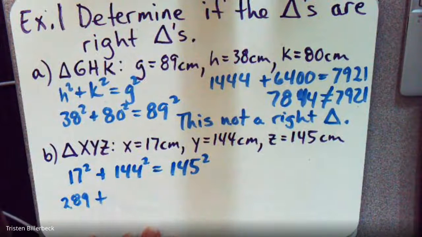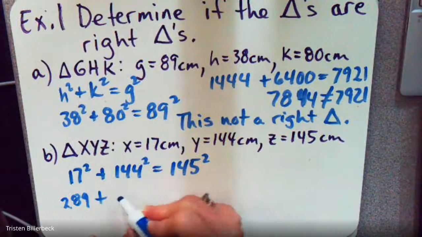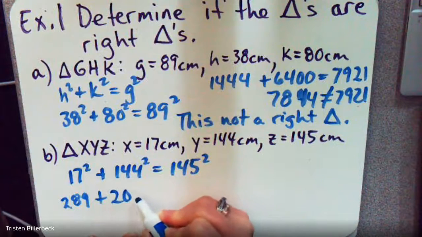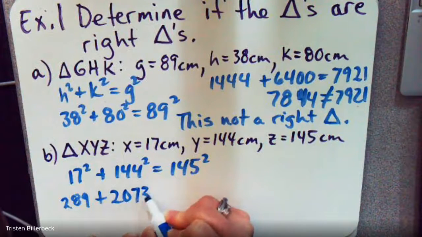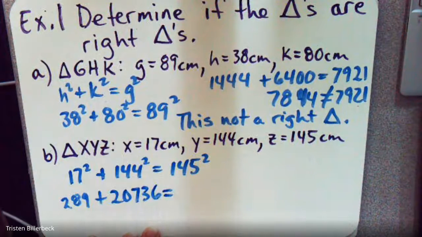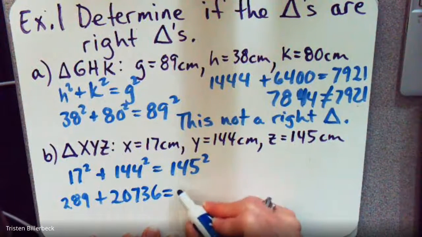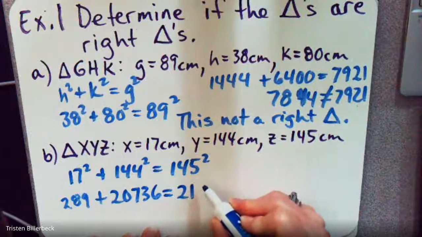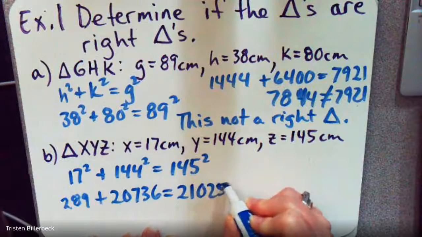And let's see what 144 squared is. Whew, that's 20,736. And does that equal 145 squared? That's 21,025.